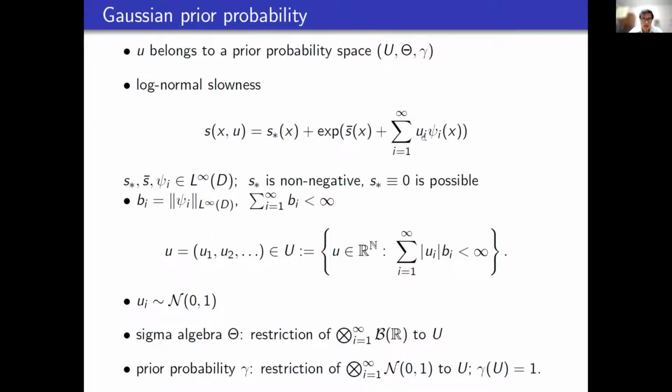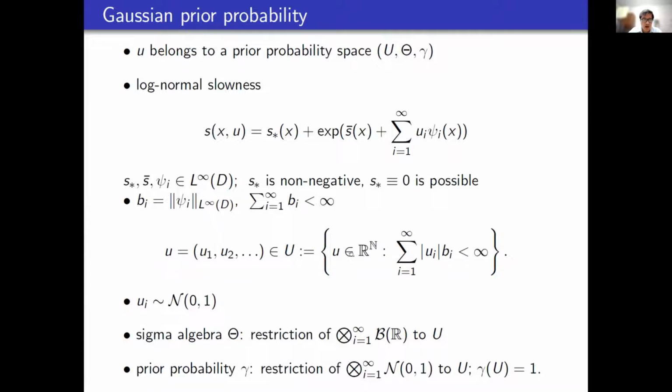And the ui, we suppose that they follow the normal distribution, as you see here. So ui follows the normal distribution, and the little u that the slowness s depends on is u1, u2, and so on, in R infinity. By this, what I mean is that u1 is in R, u2 is in R, and so on.